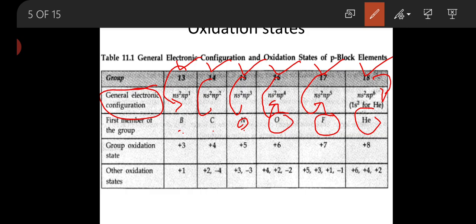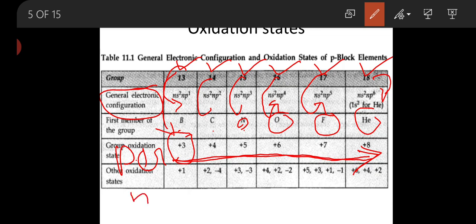The oxidation number here is +3, and the oxidation number also goes on increasing from the left hand side to the right hand side of the periodic table in a period. It is not in a group. So in a period, the oxidation number of all the groups goes on increasing. But we are studying the 13 group. The 13 group shows the electronic configuration ns2 np1.